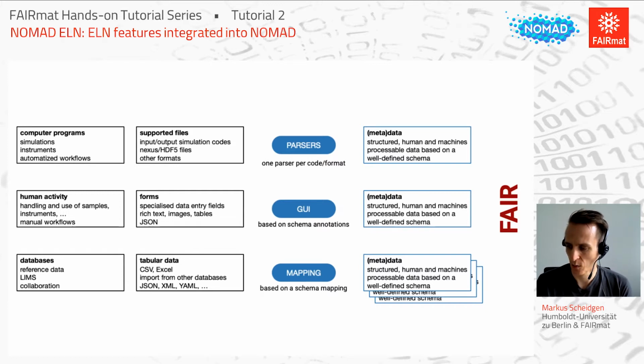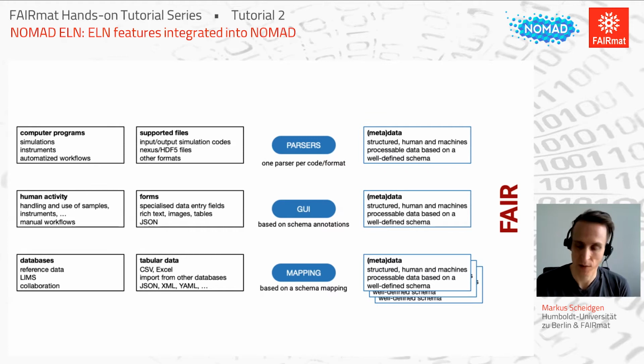What we want to do here is pretty similar to parsing, but it's much simpler, right? The data is already in the right structure. It just needs to be mapped to our schema, so to speak. So all the keys that you might have in a JSON file, or all the columns that you might have in an Excel file, just have to be mapped to whatever is in the schema, and thereby we can then enter the information into the NOMAD system.